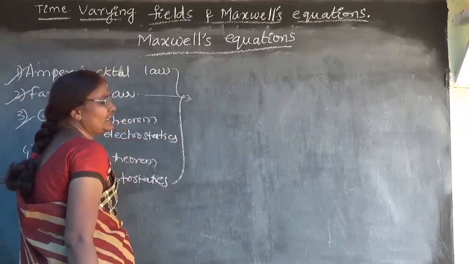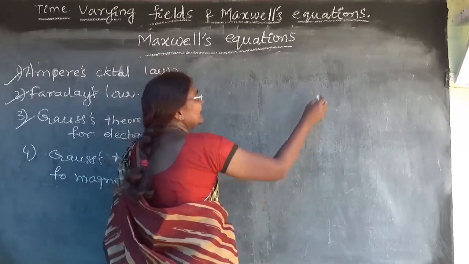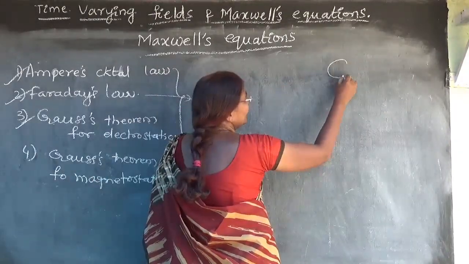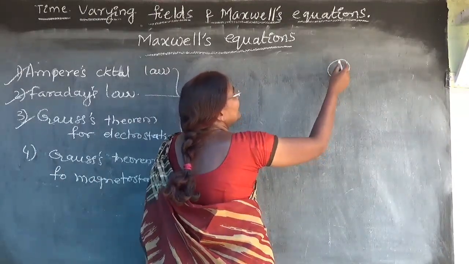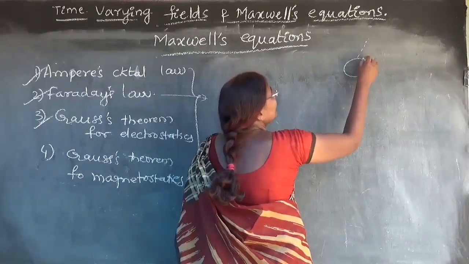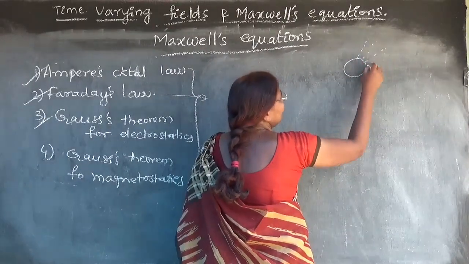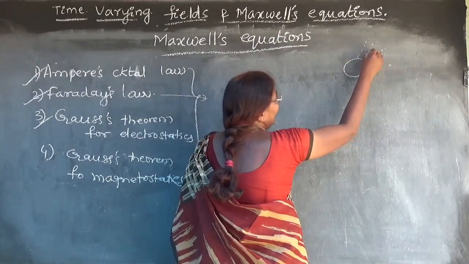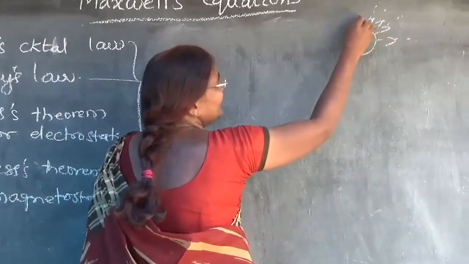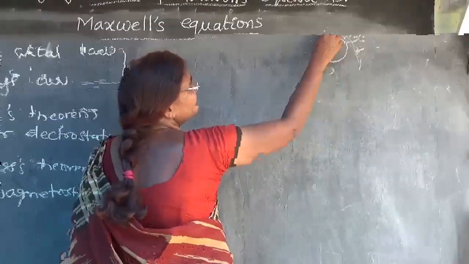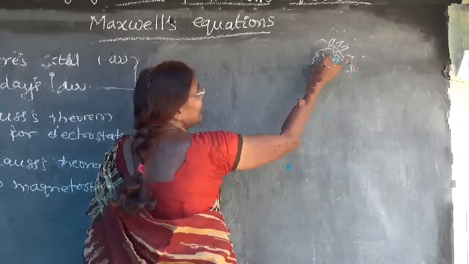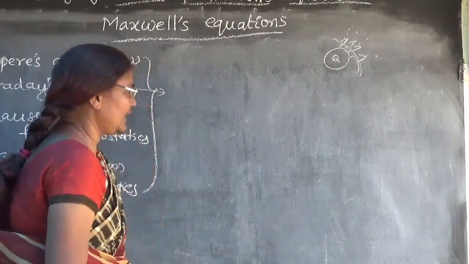We know that if in a particular area some electric flux is emanating, this emanated flux is going to be equal to the charge enclosed in that surface area.